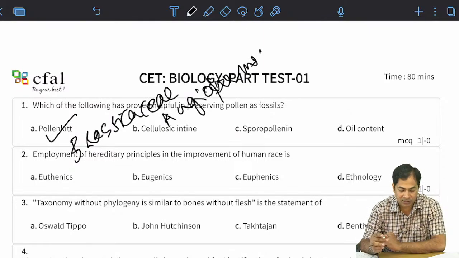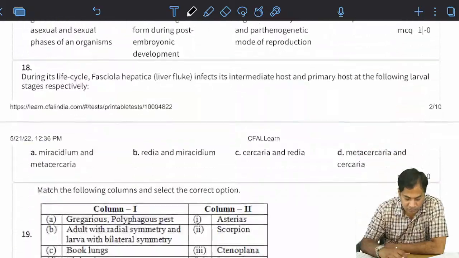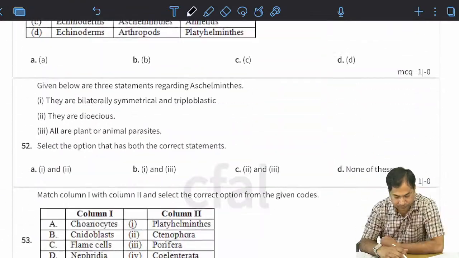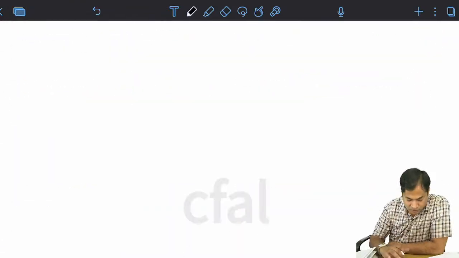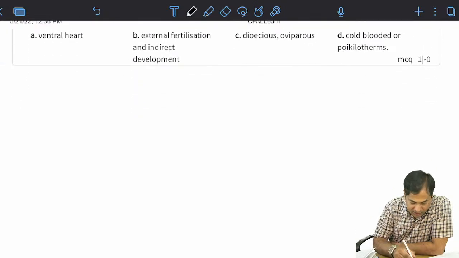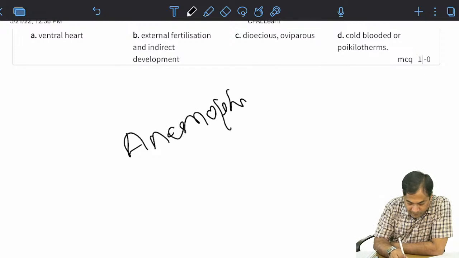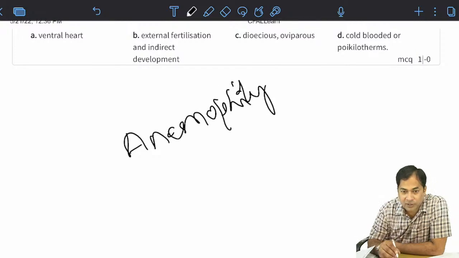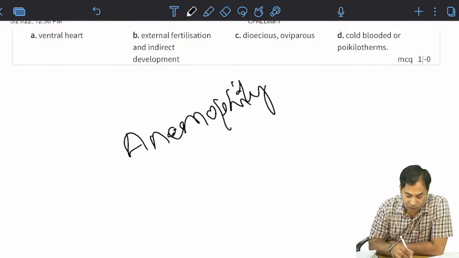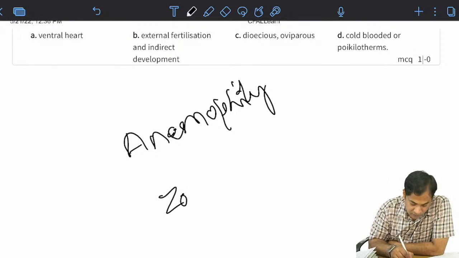So usually anemophily, what we say, let us go to the word anemophily. You can see the screen there. There are different types of pollination: anemophily, and one more word, zoophily.